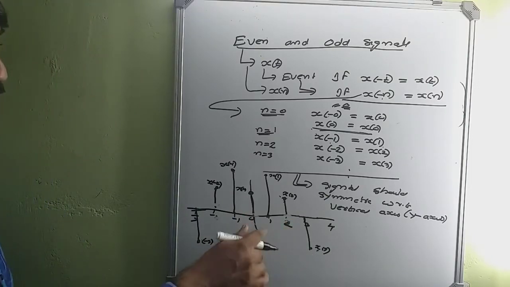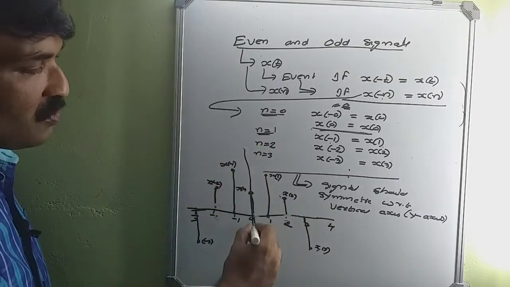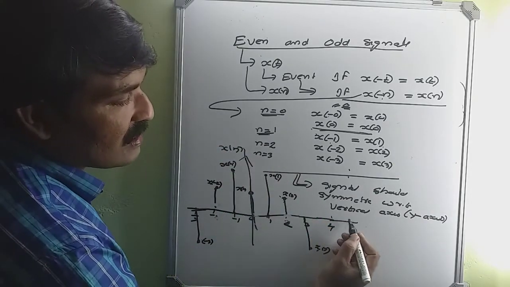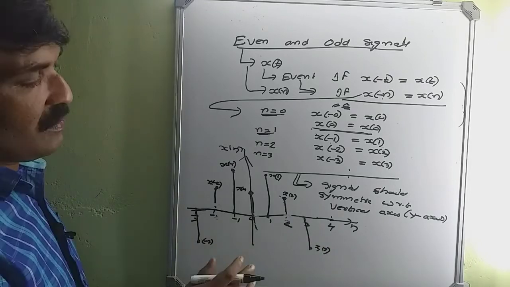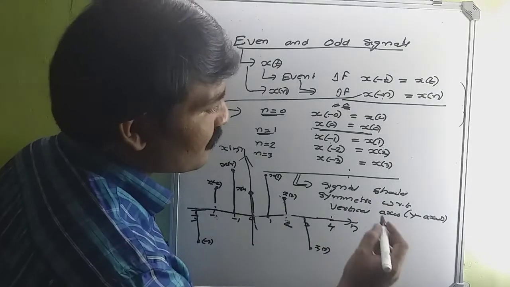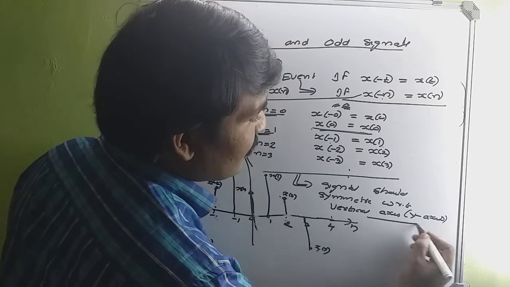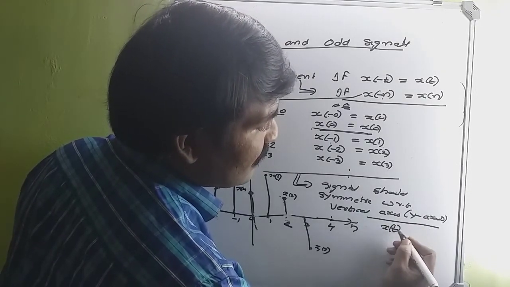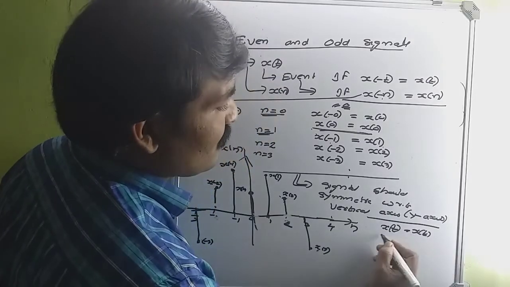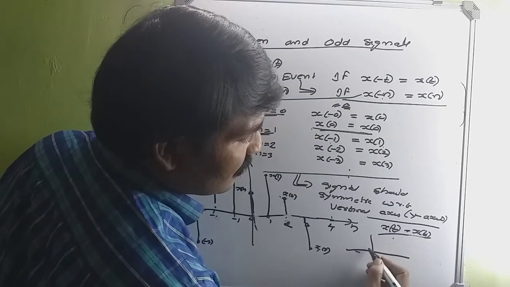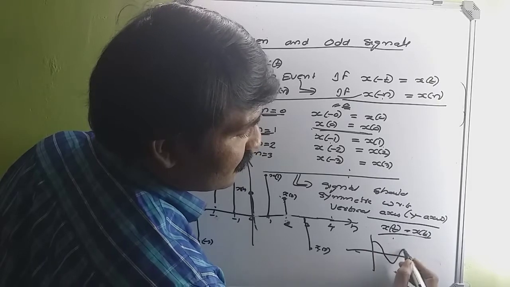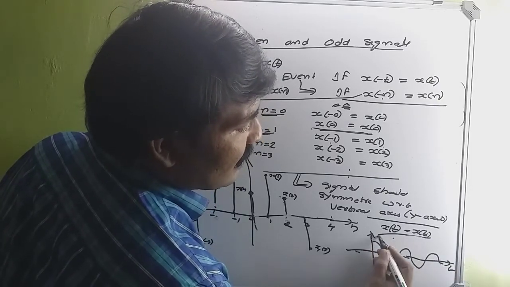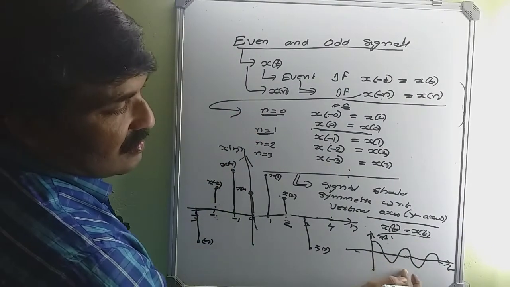So the signal will be symmetric with respect to the y-axis, against n. Similarly for x of t, we know x of minus t is equal to x of t. For example, this is our time axis and x of t on the right hand side.